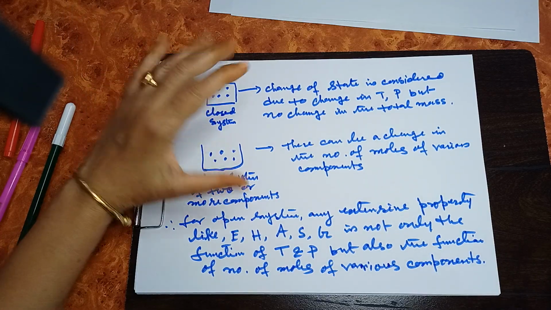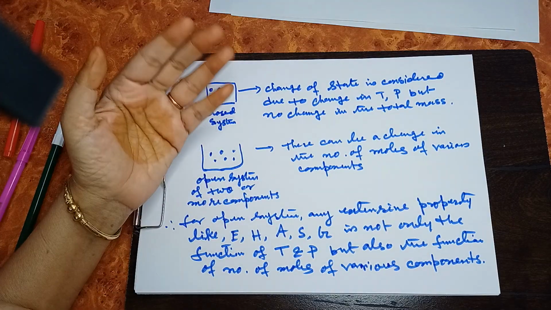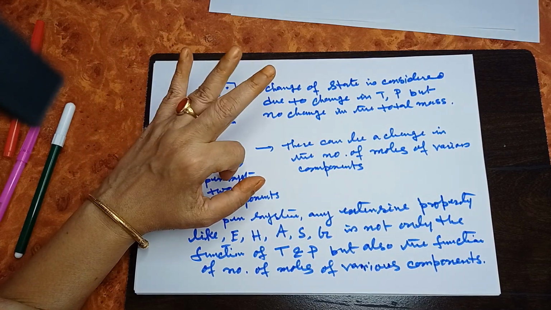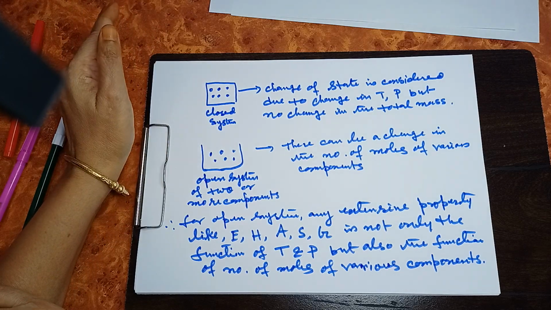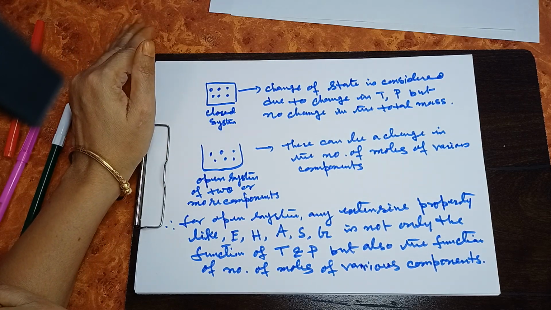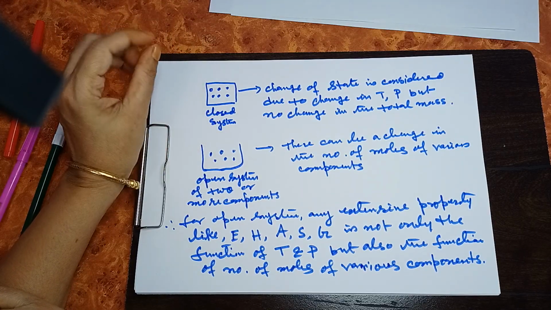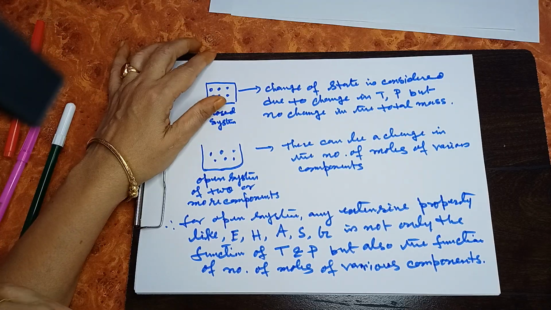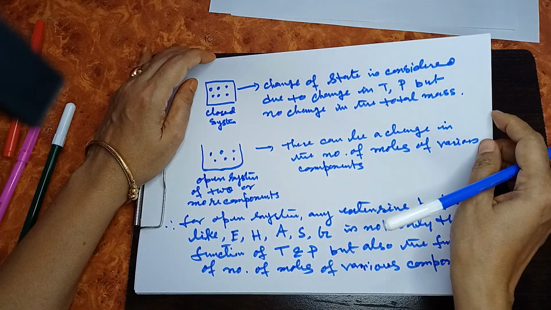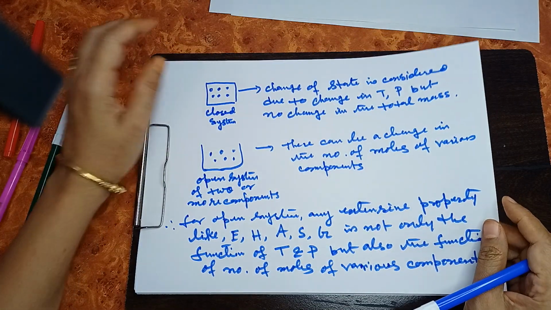That means any extensive property not only changes with the change of temperature and pressure, but also changes with the change in the number of moles of different components. And for the open system, the number of moles of components may change, right? Because it exchanges matter also with the surroundings.